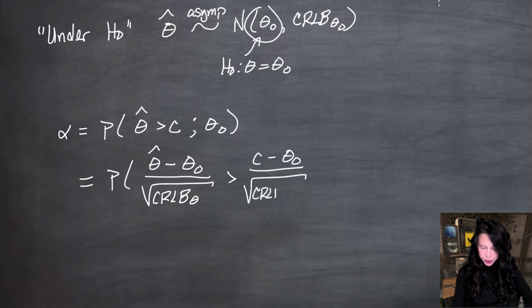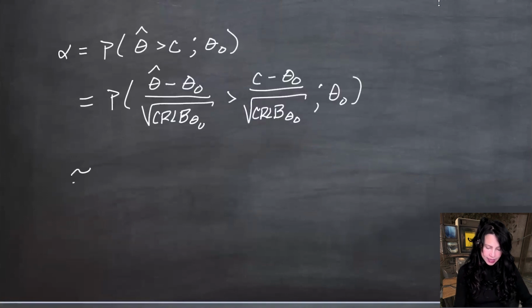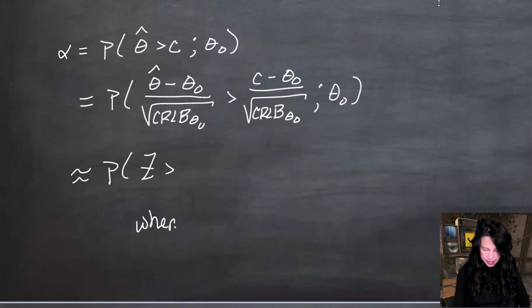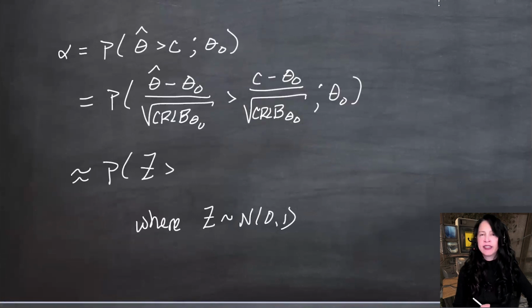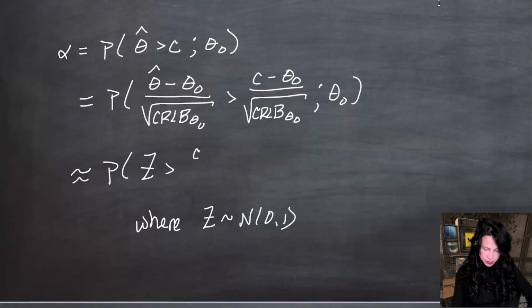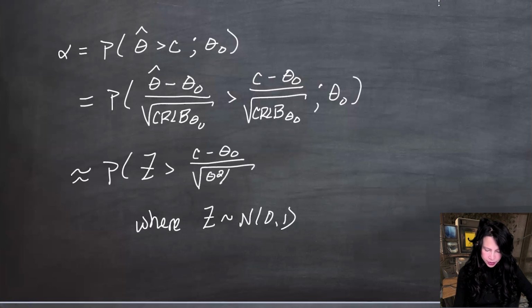So I want to compute this probability by standardizing it to a standard normal. Then this is approximately the probability that Z is greater than something where Z is standard normal. Or you could say it's exactly equal where Z is approximately standard normal. I'm going to leave it like this. The Cramér-Rao lower bound was specifically theta squared over 2n.